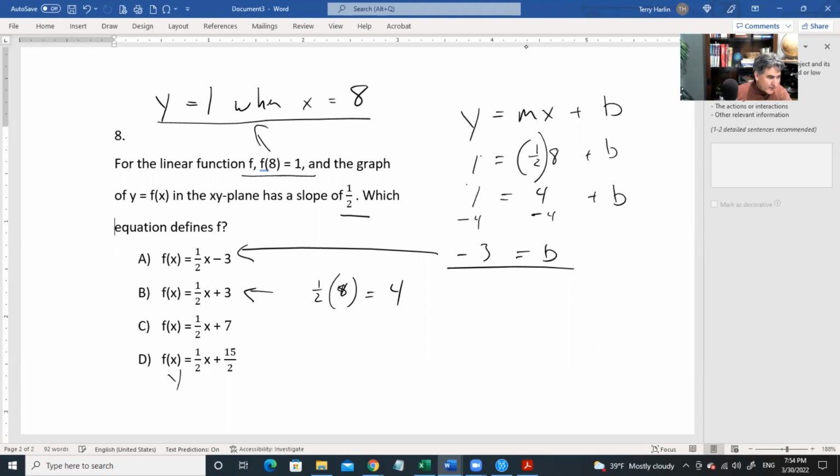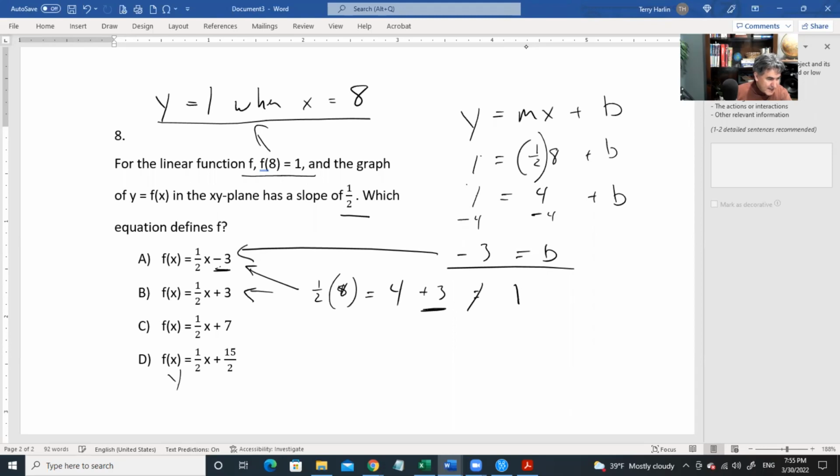So I'm going to get 4, and I know that 4 plus 3 does not equal 1, which is what I'm going for here. That's going to be my y that I'm going to plug in here. So I'm going to have to go lower than that. Therefore, using this method, I find that A is the answer as well, because -3 is less than 3.